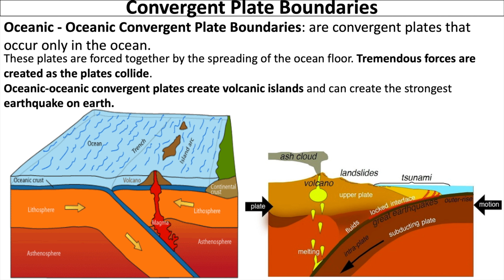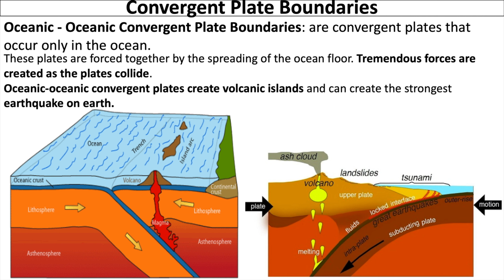Oceanic convergent plate boundaries are convergent plates that occur only in the oceans. These plates are forced together by the spreading of the ocean floor. Tremendous forces are created as the plates collide. Oceanic convergent plates create volcanic islands, and they can create the strongest earthquakes on Earth.